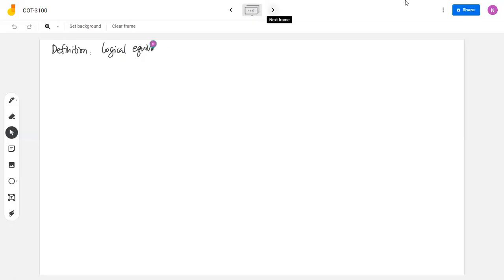We say two propositional forms are said to be logically equivalent if they have the same truth table.